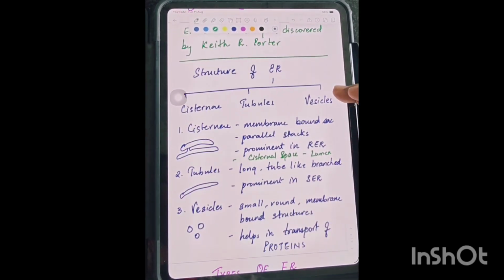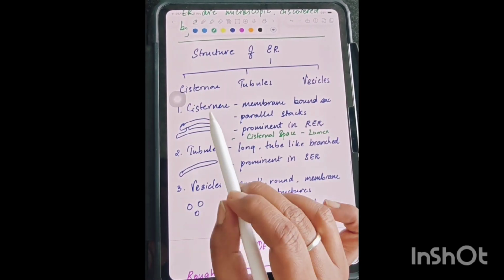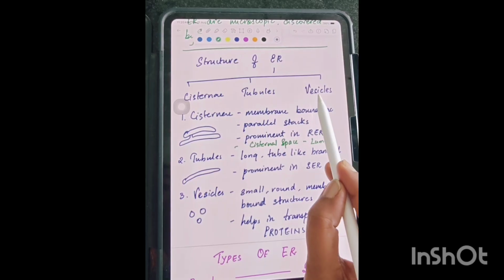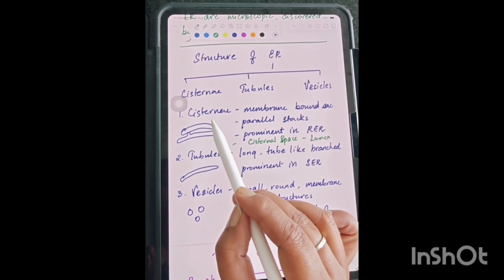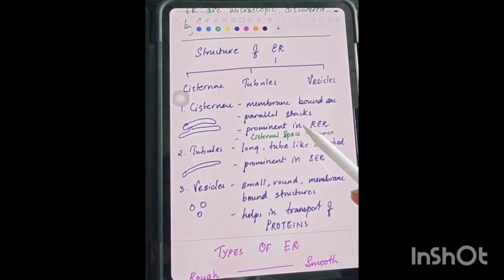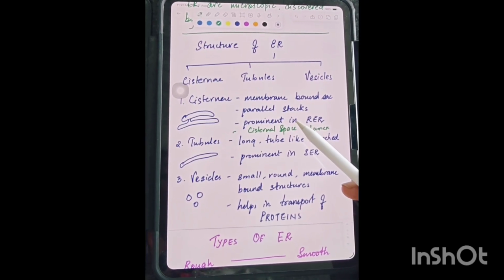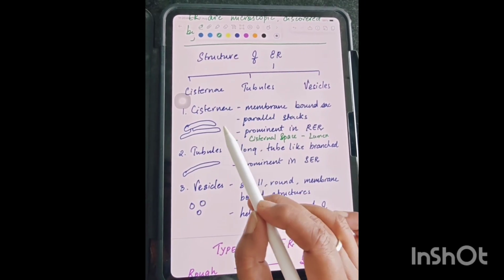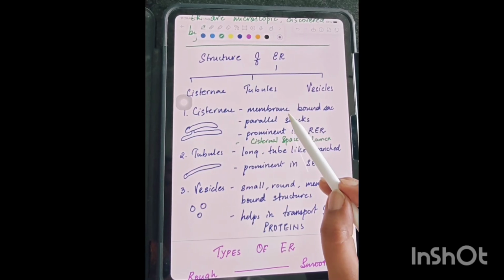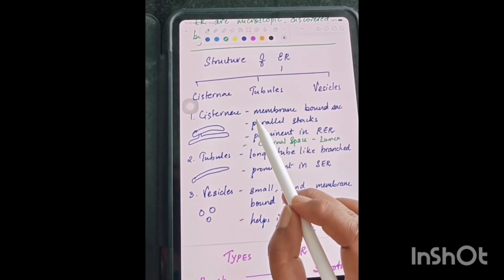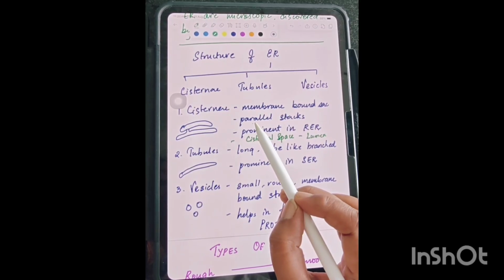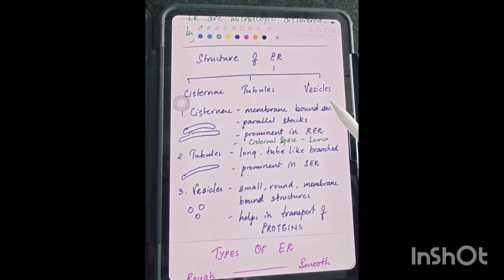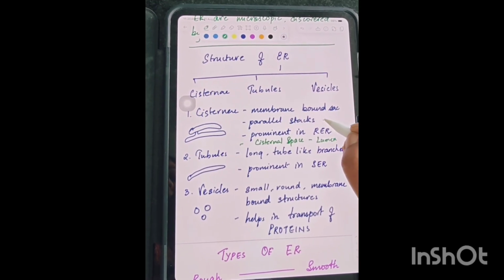Structurally, the endoplasmic reticulum is made up of three different components. One is cisternae. As in the Golgi complex, there are cisternae present in the endoplasmic reticulum too. These are membrane-bound, sac-like structures which are parallelly stacked one upon the other.